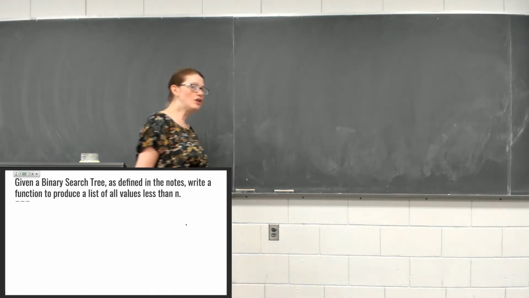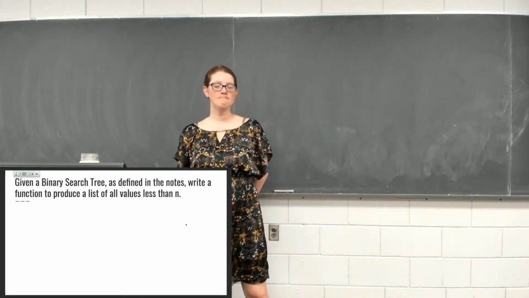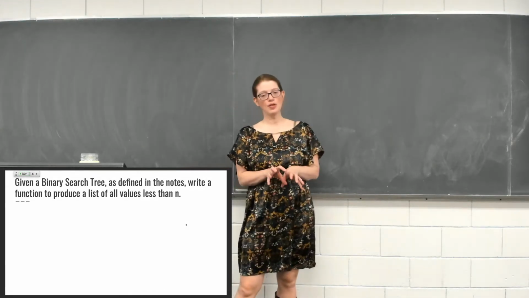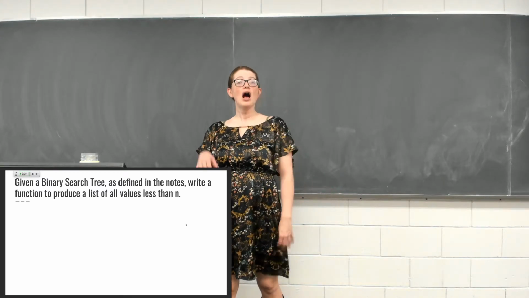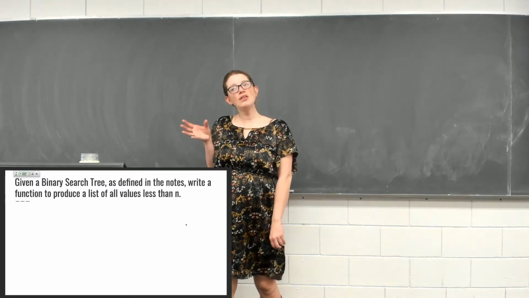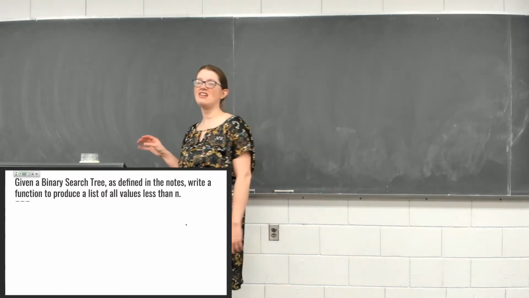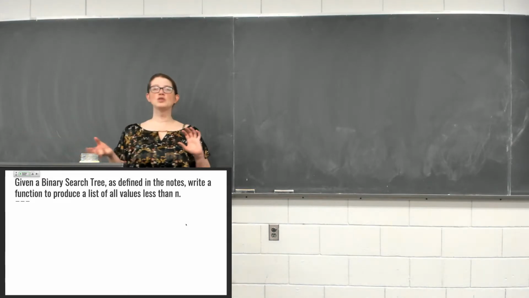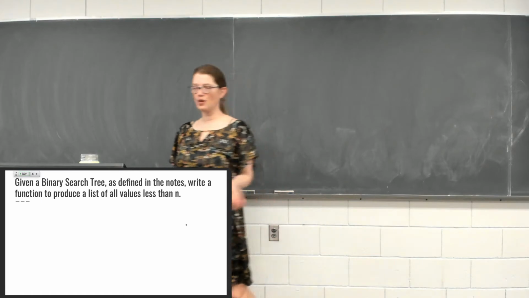However, if the current node's value is smaller than n, so I think I meant bigger in the previous one and smaller in this one, then numbers exist down the left subtree. But since the current node is smaller than n, there may also be nodes that are smaller than n down the right subtree. So in the case where the current node's value is less than n, you actually have to visit both left and right subtrees.